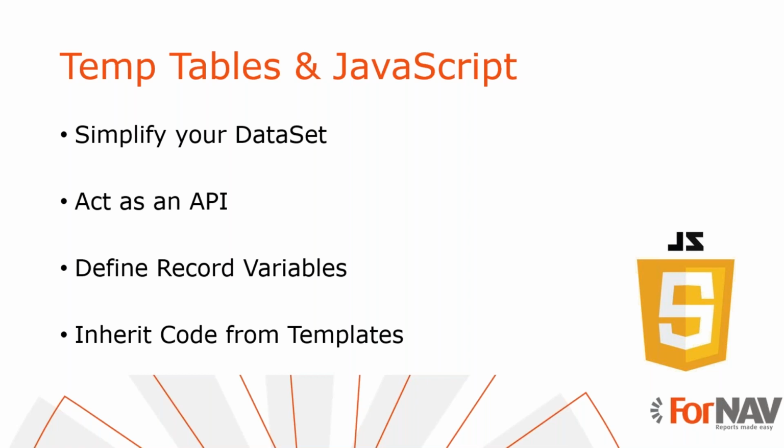Navision is very WYSIWYG designed. But sometimes it's not the case. Sometimes you want to display the data in a different way. And if you do that, of course, you can start juggling with integer tables and you can declare a whole bunch of global variables, but that'll make your report very hard to maintain. And instead of doing that, we recommend using temporary tables.